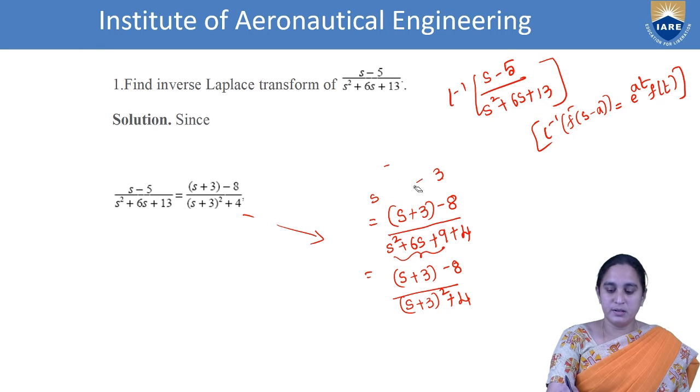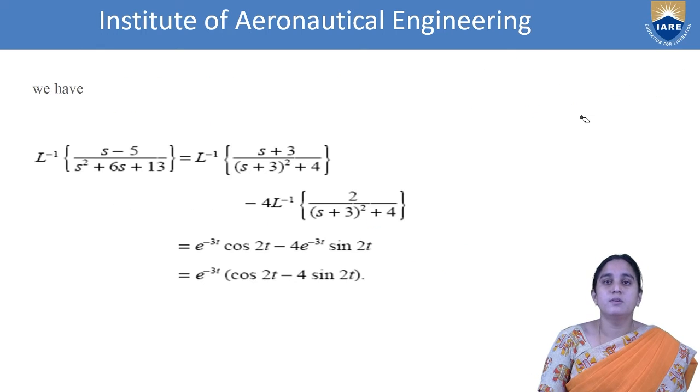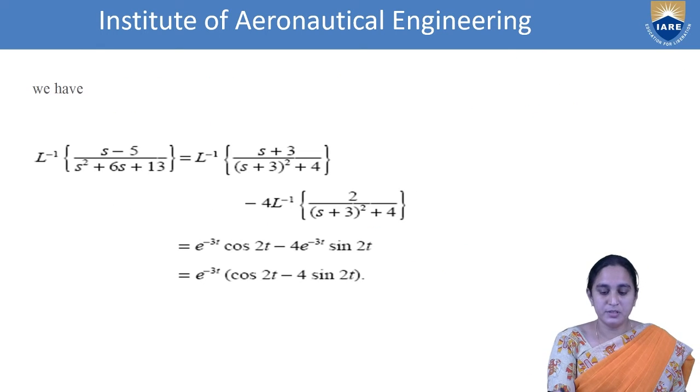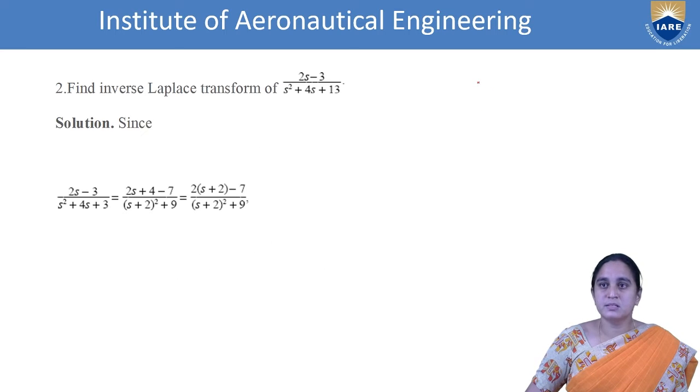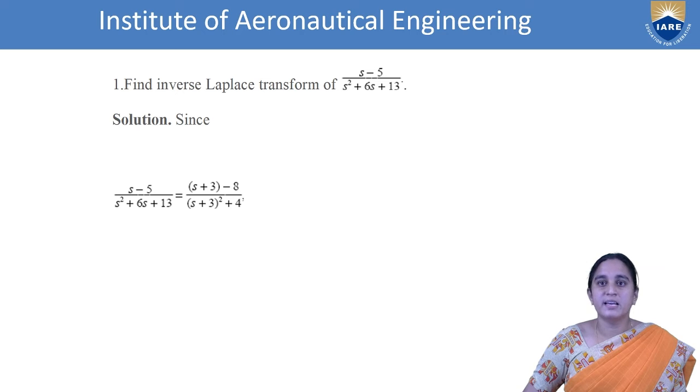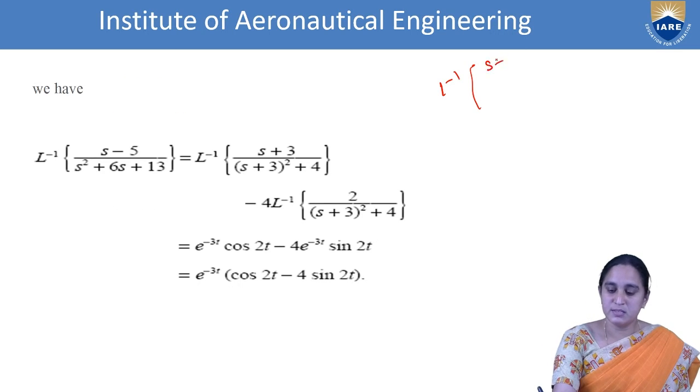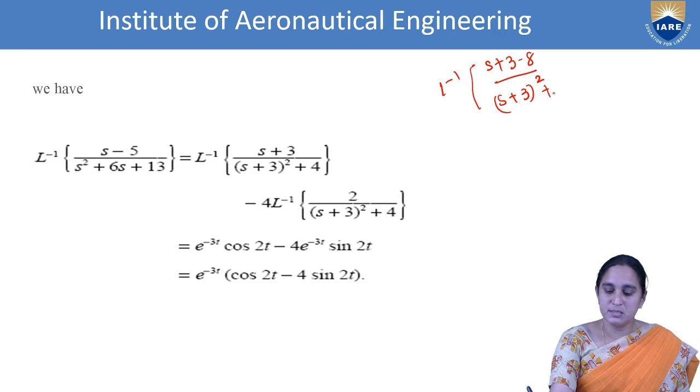Then next step. Once you observe here, after taking like this, I'll take Laplace inverse of, as I converted in the previous slide, (s plus 3) minus 8 by (s plus 3) whole square plus 4.